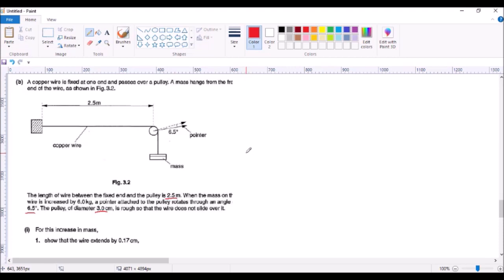But I don't know what K is. Can I find K? Is there anything else I can find? The mass increased by 6, and the angle is 6.5 degrees.